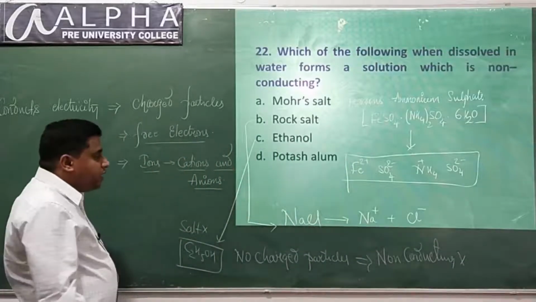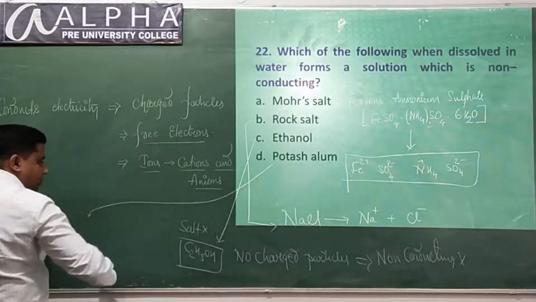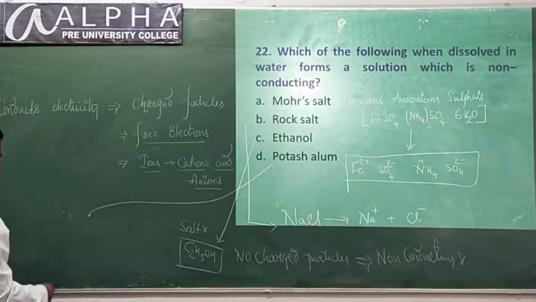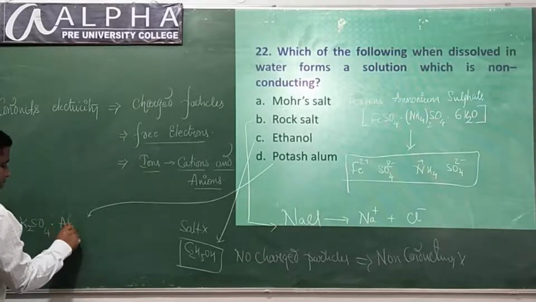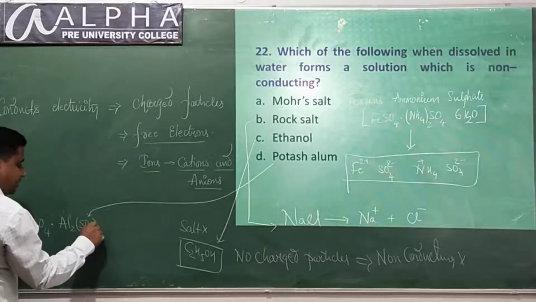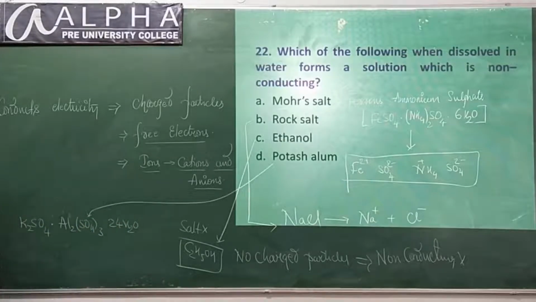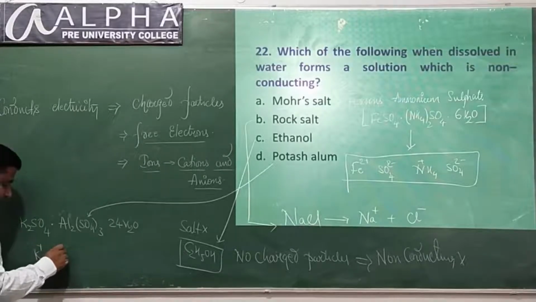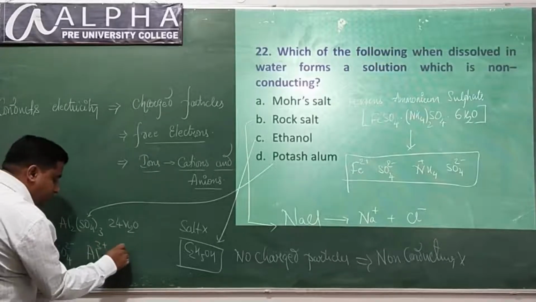Am I correct? Now, if I take potash alum, students, what do you mean by potash alum? Look at the molecular formula of potash alum. It is K2SO4 dot Al2(SO4)3 dot 24H2O. When potash alum is dissolved in water, it will give potassium ions, sulfate ions, aluminium ions and sulfate ions.